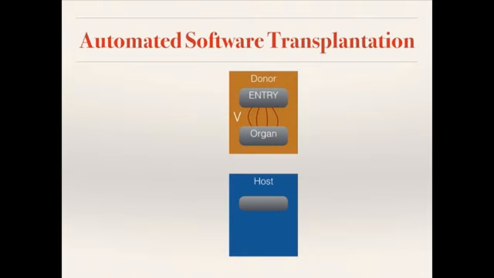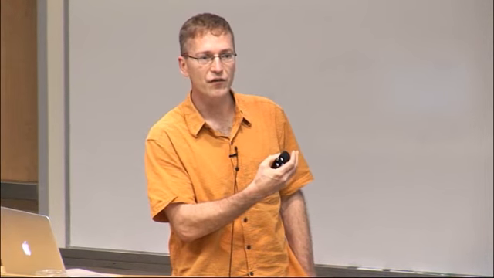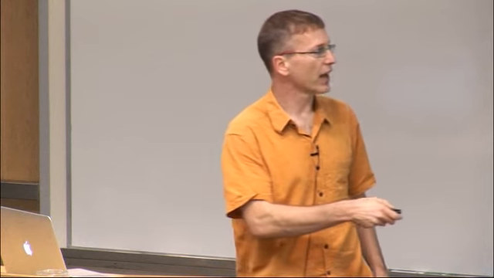And I have a paper this year on automated software transplantation. The idea is that you find a donor program and an organ of interest, some code functionality that you want to move. And this organ of interest has different paths to it in the donor program. And each one of these paths, each vein, is notable in that it builds a program state that this organ expects in order to execute properly.